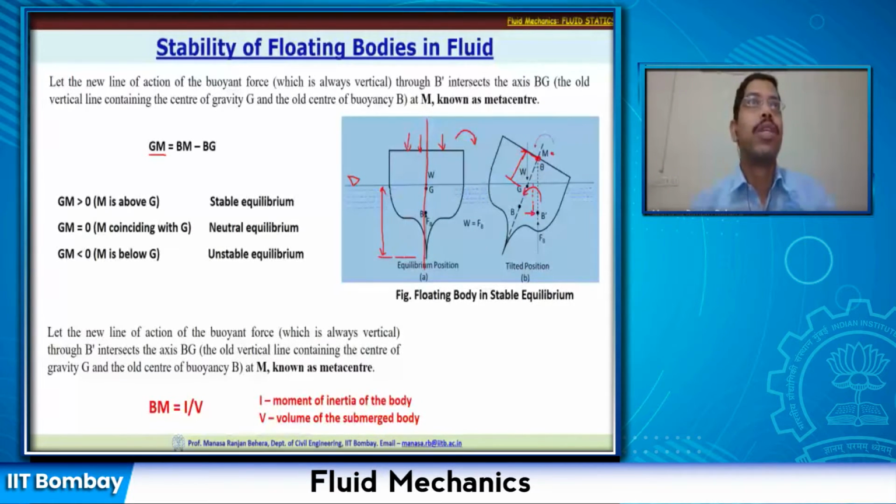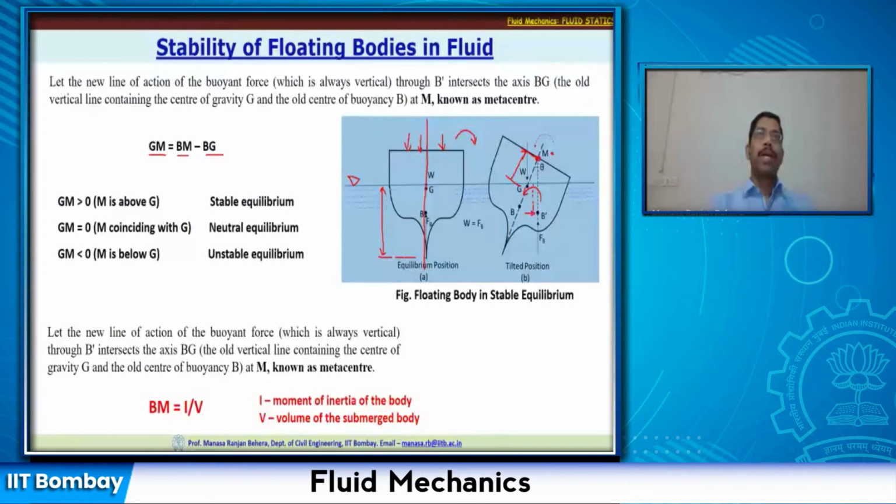Now this Bm minus Bg, if we can calculate, that will give us the value of Gm. We can calculate the value of Bm and we know the distance between these two, that is Bg. Once we calculate these two values, we can calculate the value of Gm. Now Bg is known. How do we calculate Bm?